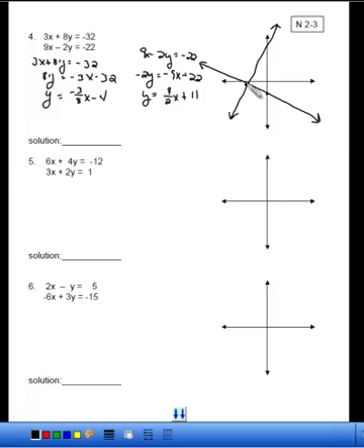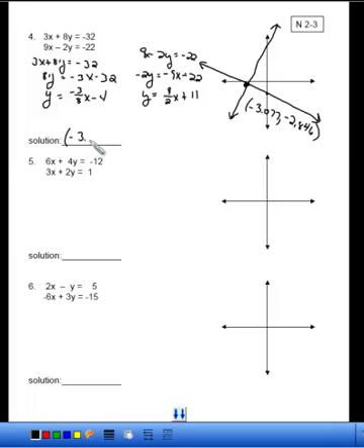And your point of intersection right here will be negative 3.077 and negative 2.846. So this one doesn't have a nice even solution. You can round it to hundredths. You can leave it at thousandths.